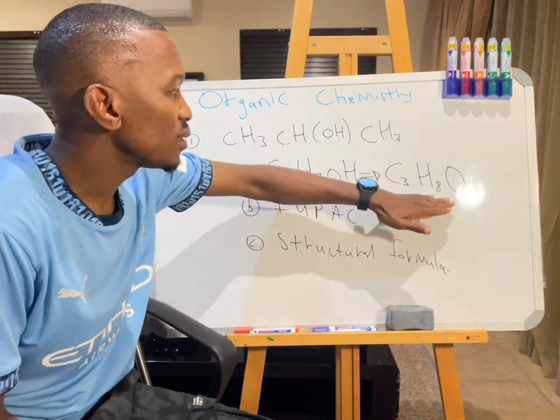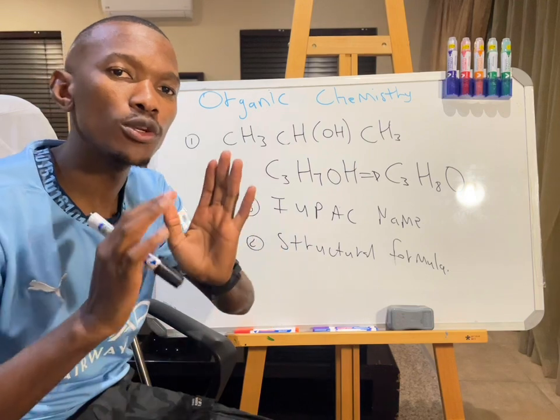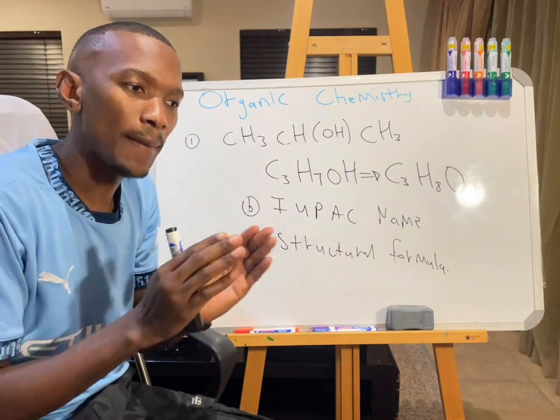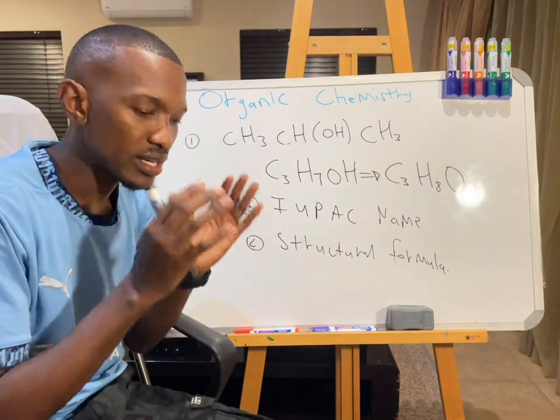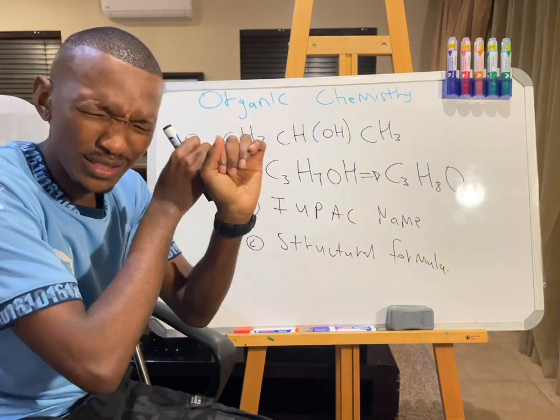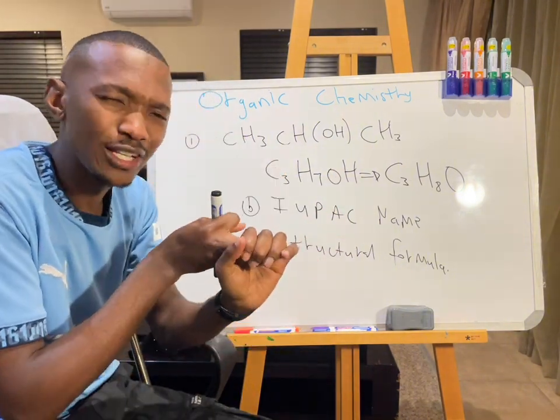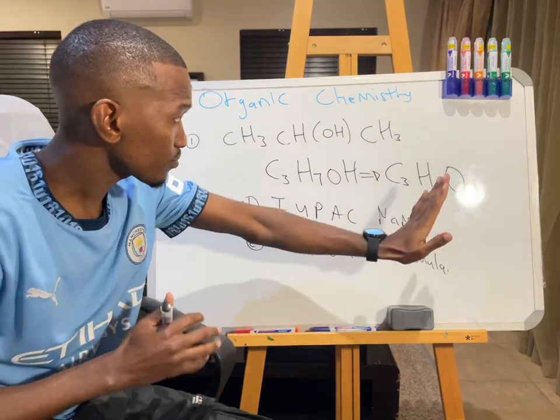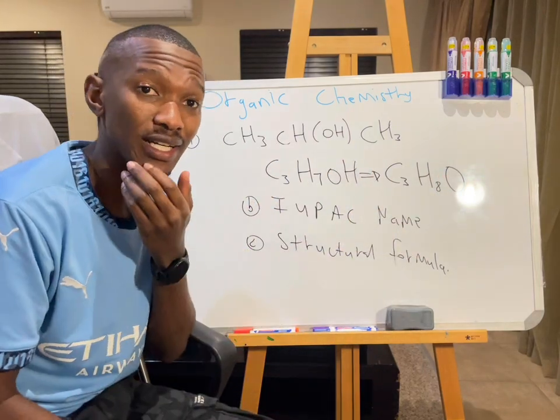Now this becomes your molecular formula. The molecular formula shows the total amount of atoms in that molecule. It tells you how many carbon atoms, how many hydrogen atoms, and how many oxygen atoms are in there. That's what a molecular formula does.